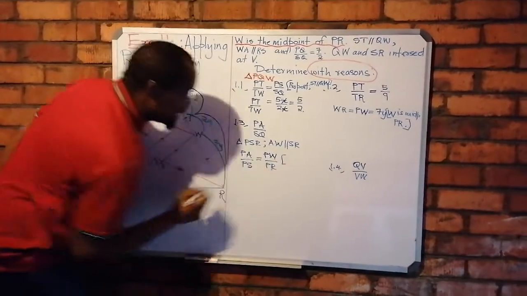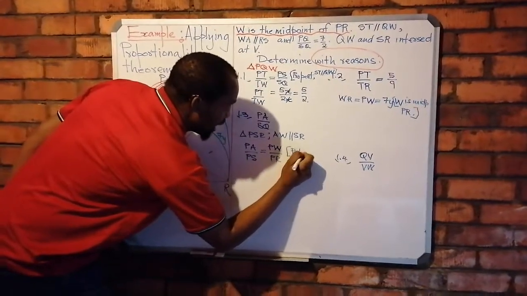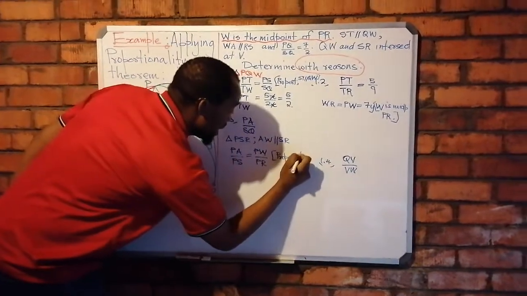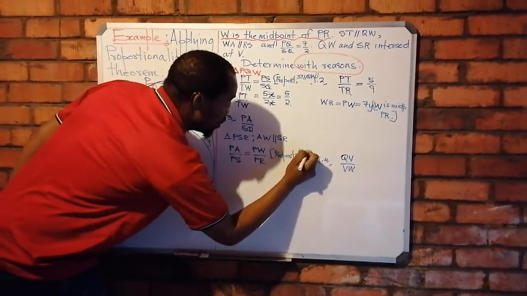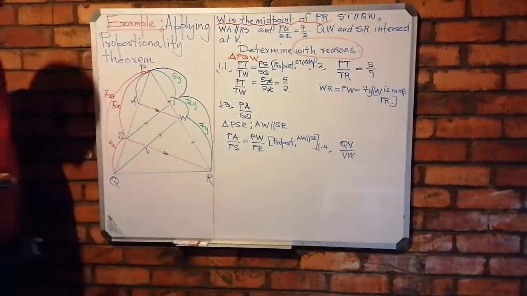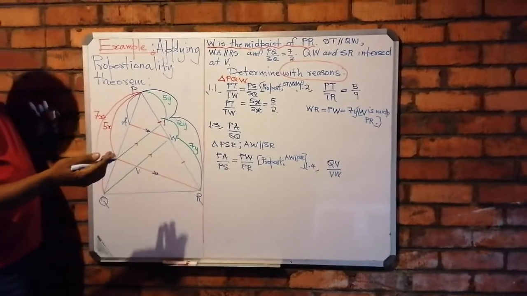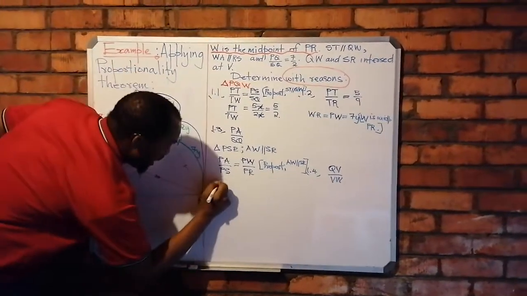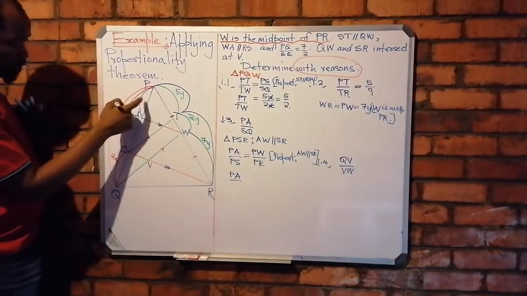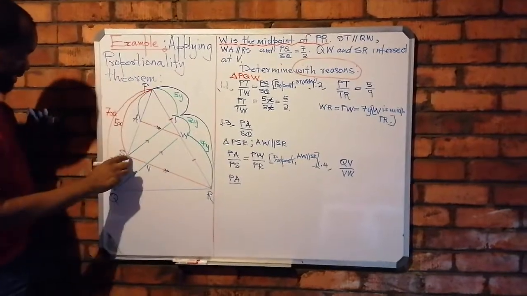Now, what is the reason here? Reason is proportionality theorem where AW is parallel to SR. That's it. Good. Now, we substitute what we know. We don't know PA. We are looking for this guy. But we know PS.